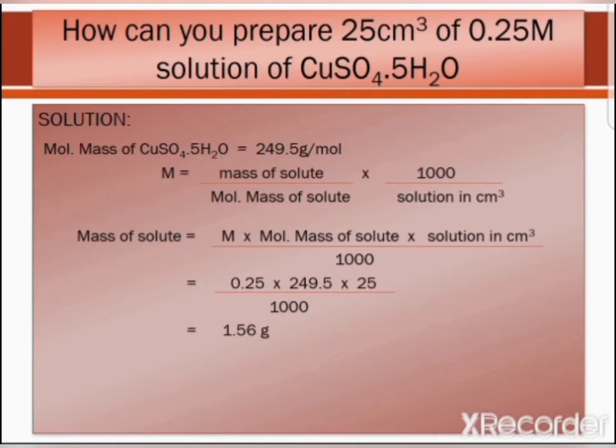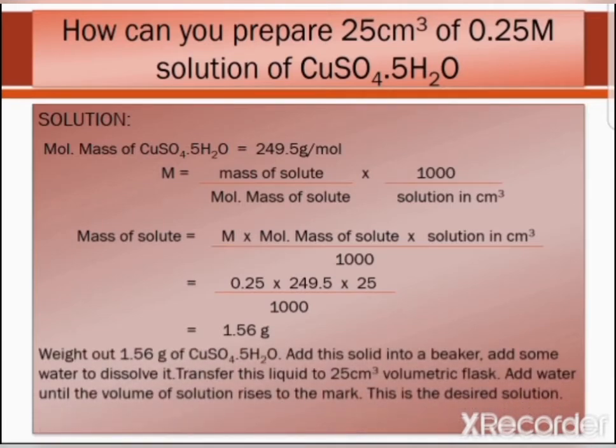Now putting the value of molarity 0.25, molecular mass of copper sulfate 249.5 into volume of solution in cubic centimeter, that is 25 divided by 1000. After calculation, answer is 1.56 gram.